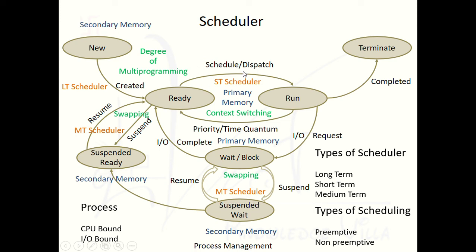If the scheduler brings only IO bound processes into the ready state, the CPU becomes free always, and all the processes will go for IO. Get it? So inside the ready state both types of processes are required: some of the processes are CPU bound and some are IO bound.